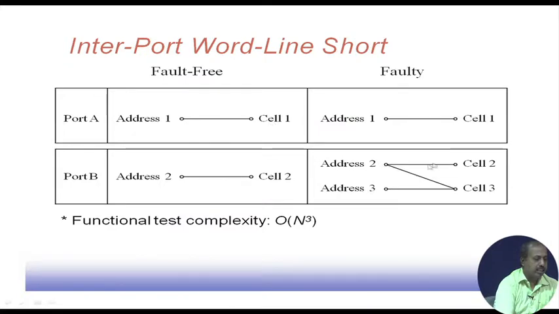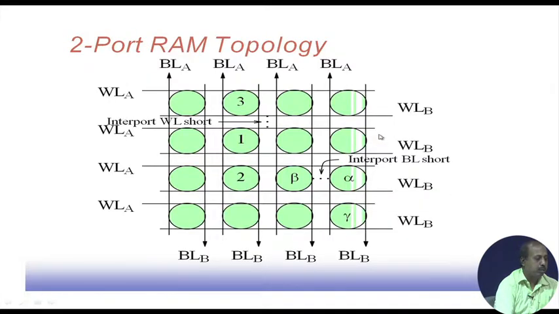As a result, for address 2 it will be accessing cell 2 and cell 3. For address 3 it accesses cell 3, but when putting address 2, it will be accessing cell 2 and cell 3.